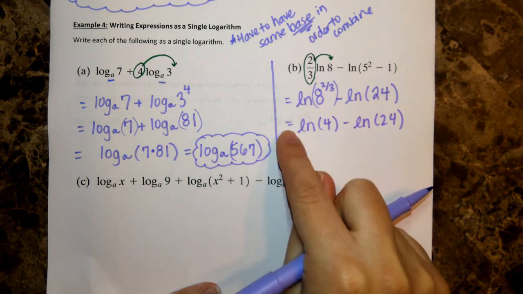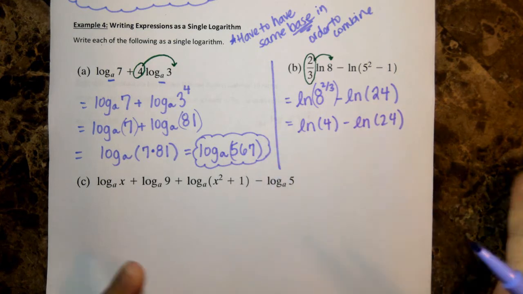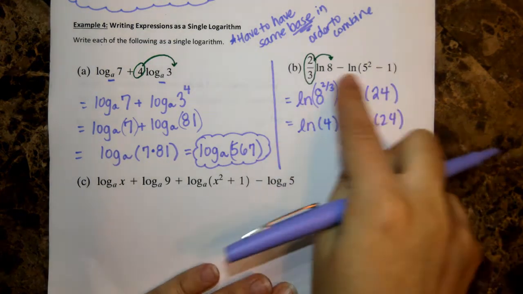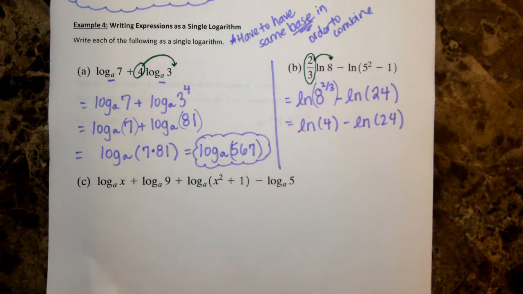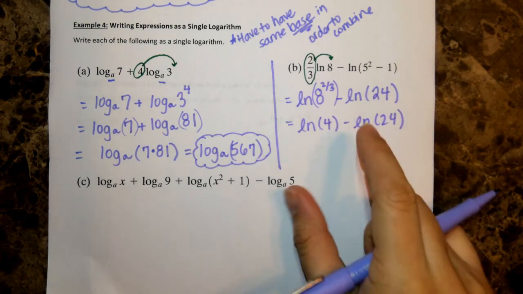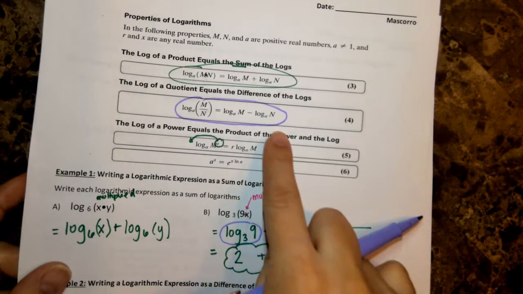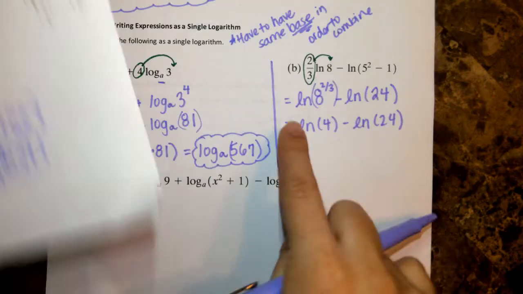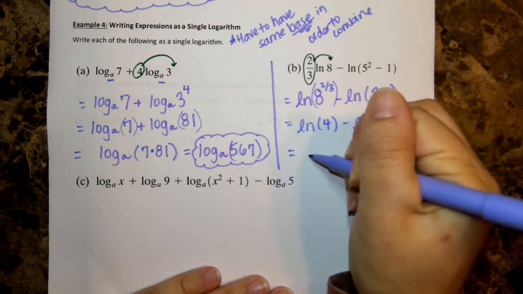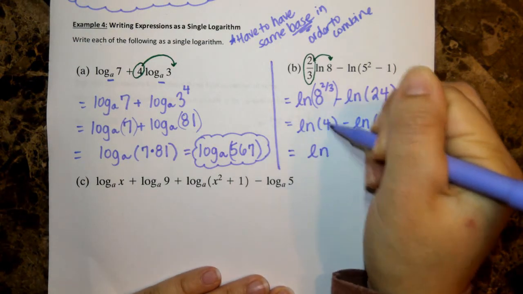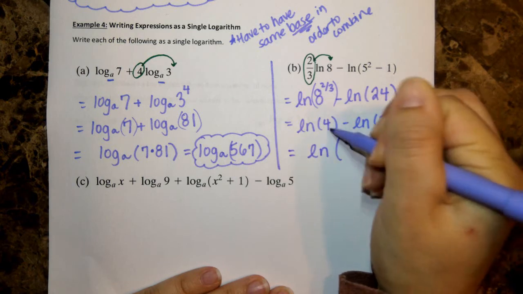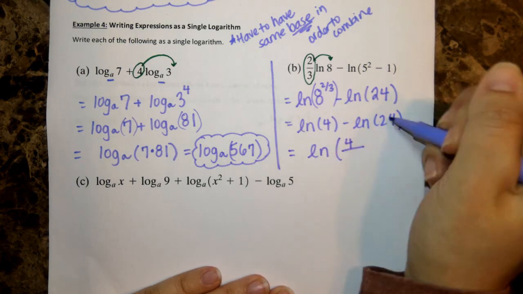There's no exponents, there's no coefficients. I've already simplified everything because there's no x's. Everything is just constants. And I can now combine them using our second property, the difference of logarithms. We have two logarithms that are being subtracted, so we can combine them using division. Natural log of 4, which is the first term, divided by 24.